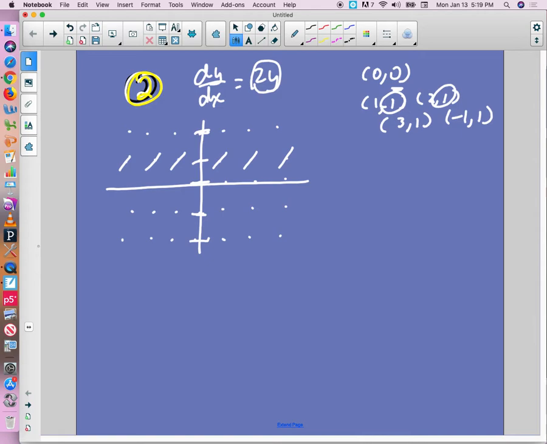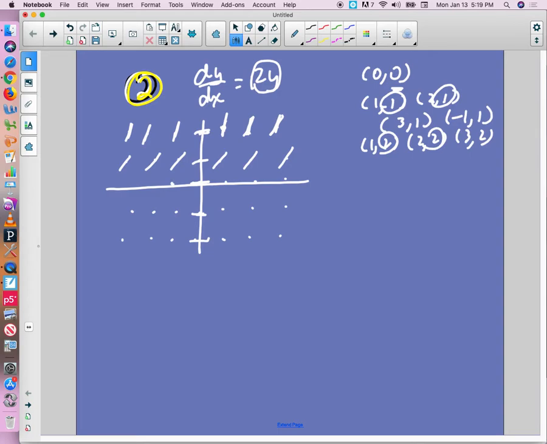At the points right here, like 1, 2, 2, 2, 3, 2, and so on, all the way across where y is 2, your slope's 4, which is pretty steep. Probably a little steeper. Steep, steep, steep.